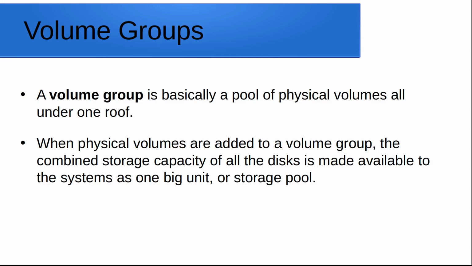So volume groups are basically a pool of physical volumes that are combined and made available as a single storage unit. When physical volumes are added to the group, the combined storage capacity of all the disks is made available to all the systems as a single pool, which is actually pretty cool.